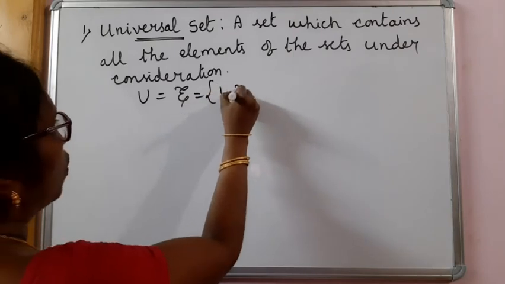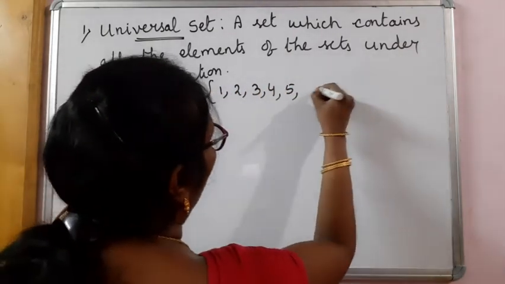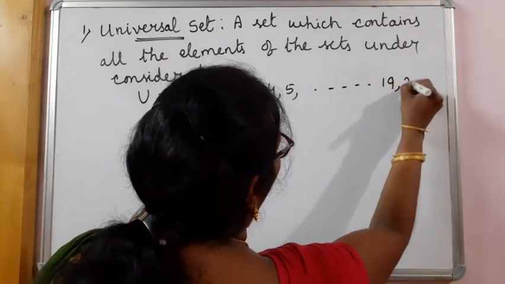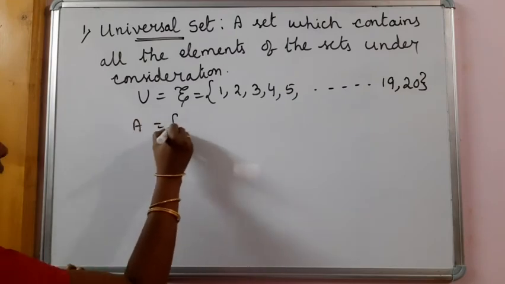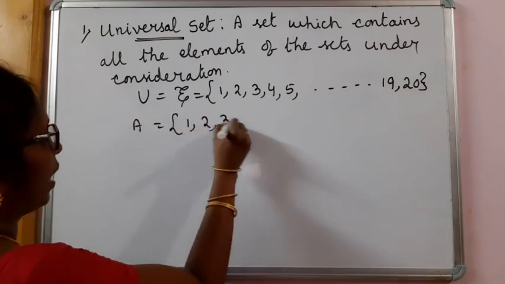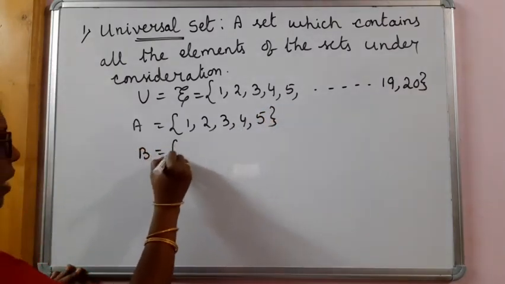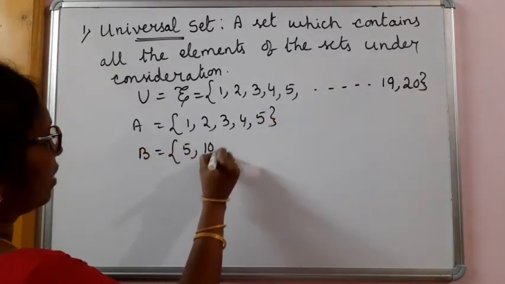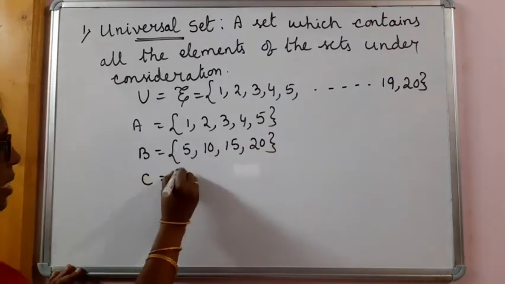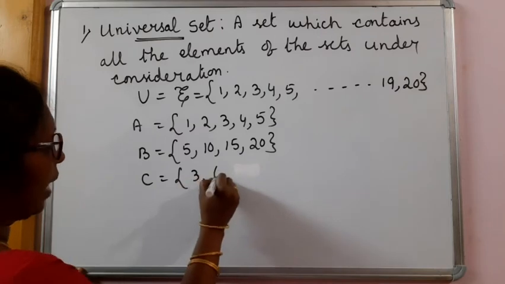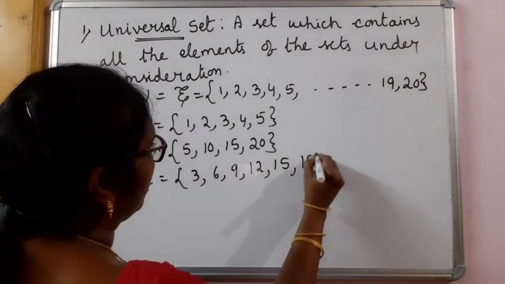Suppose the universal set has the elements 1, 2, 3, 4, 5, 6, 7 up to 20. And suppose set A has 1, 2, 3, 4, 5. Set B has 5, 10, 15, 20. Set C has 3, 6, 9, 12, 15, 18.